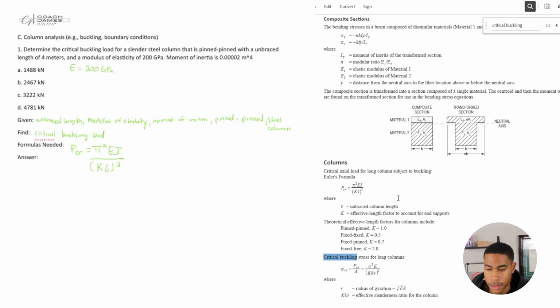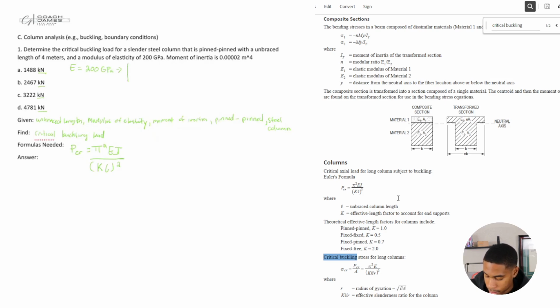Typically you want to get all units in meters or newtons. So I'm going to get all my units in meters and newtons, and then at the end, when I get my answer, I'll just convert it to whatever the unit is, so it'd be in kilonewtons. So I need to get this in meters and newtons.